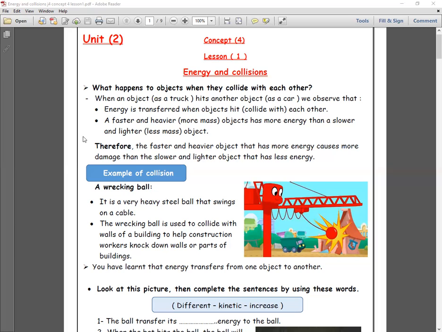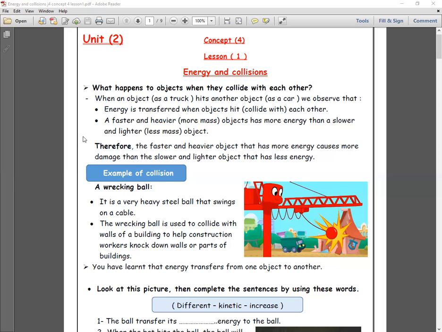Okay, so now we understand that if we have two objects, one of them for sure will be faster and heavier, but the other will be slower and lighter. The faster object is with high speed, so it will have high kinetic energy, and with high mass, so it will have high potential energy.